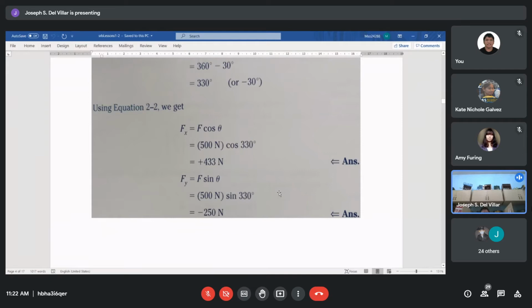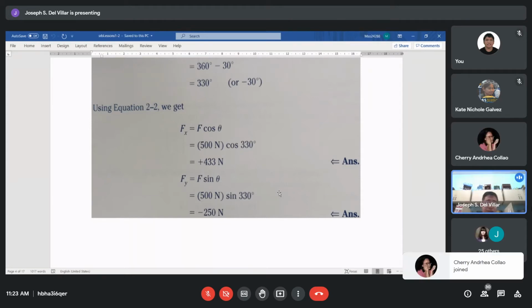Now, in the event that final answers already reach thousands, millions, billions, trillions, and so on, make use of the appropriate prefixes. So halimbawa, yung Fx umabot ng 1,433 newtons, then represent that instead as 1.43 kilo newtons.